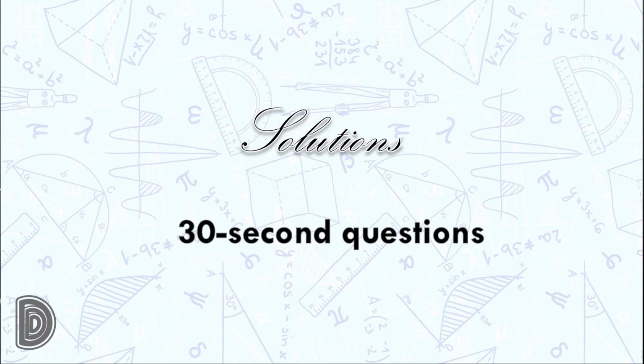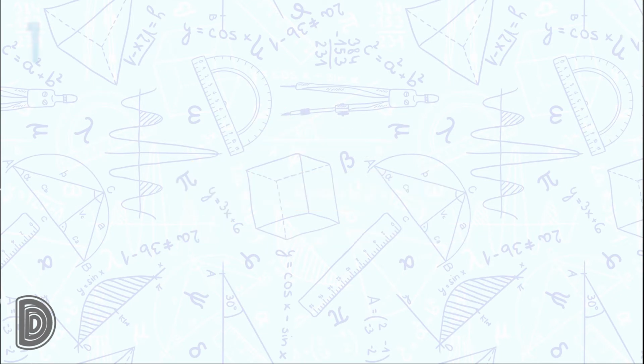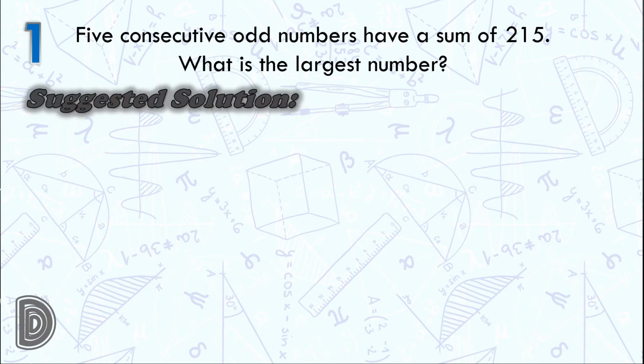This time, let us show the answers and solutions to the 30-second questions. Question number 1. 5 consecutive odd numbers have a sum of 215. What is the largest number? Here is our suggested solution. Since we have 5 consecutive odd numbers, we can draw 5 lines to represent each number.